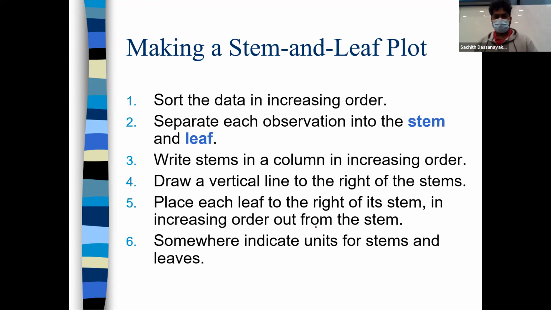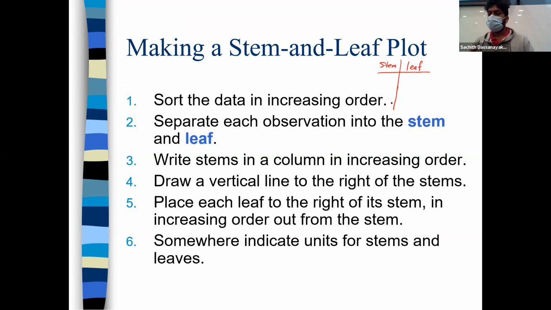Then you have to separate stem and leaf like this. This is the stem part and this is the leaf part. There are only two columns.